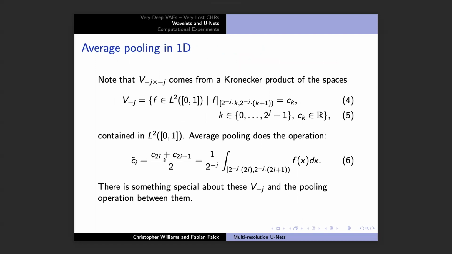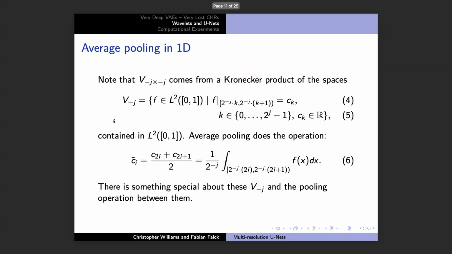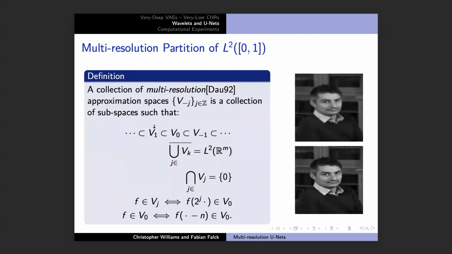So what's so special about doing this between these V minus J's? Well, this one back here that I've listed is actually a Haar wavelet multi-resolution approximation space. What that means is each one of the VJs obeys this nesting property.